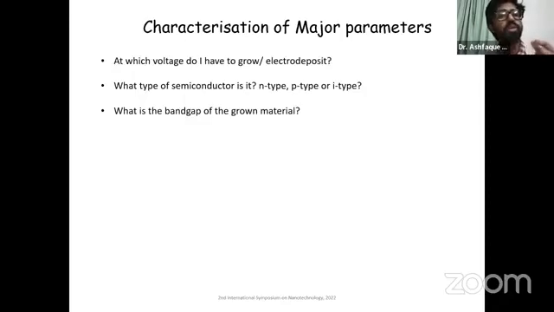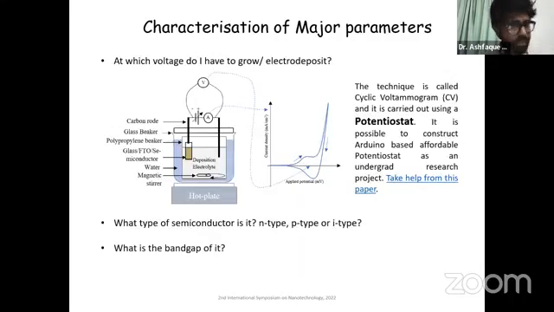I basically want to discuss those very briefly. To find the answer to the first question, we can use a system called a potentiostat. I have already talked about it. A cyclic voltammogram can be done with a potentiostat, from which we can find the voltage range in which we need to grow samples and characterize them to see whether they give us the optimum characteristics.